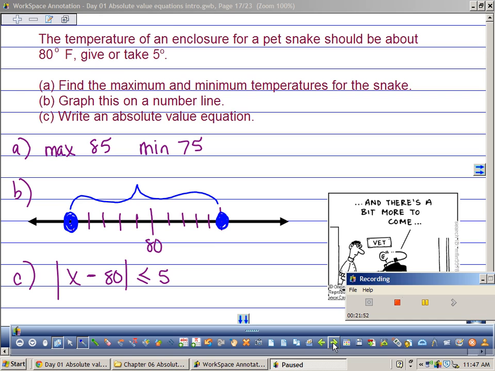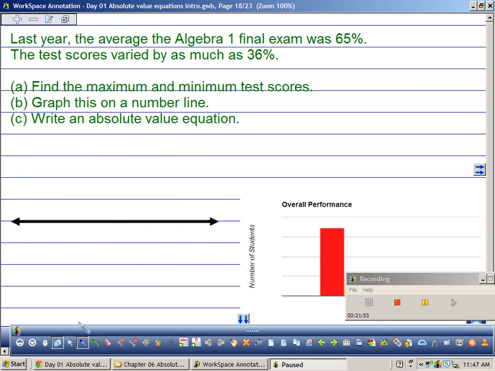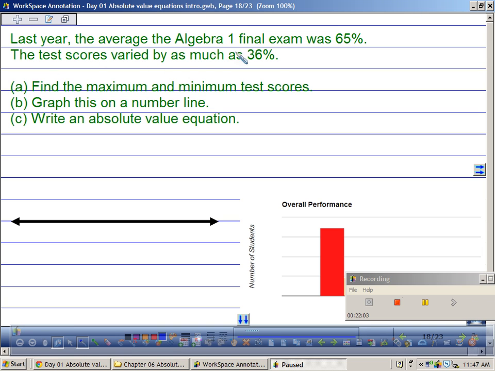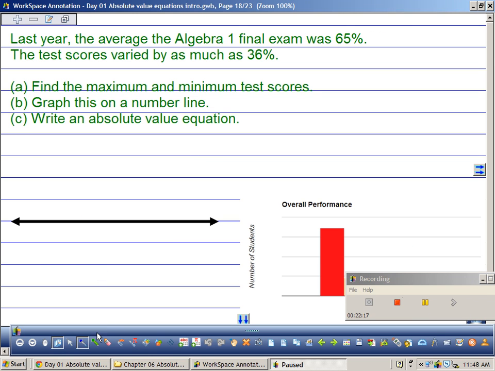All right, let's have you guys try one on your own. It says the average of the Algebra 1 final exam last year was 65%. The test scores varied by as much as 36%. But what was the middle? 65. Find the maximum and minimum, graph it, write an absolute value equation. Go. Let's do this one together.